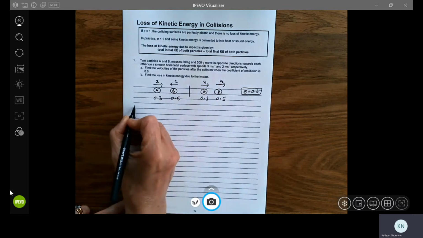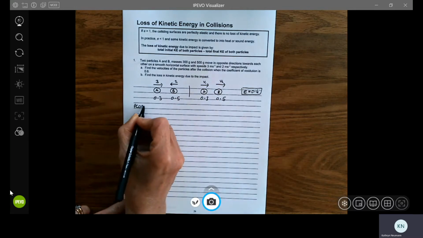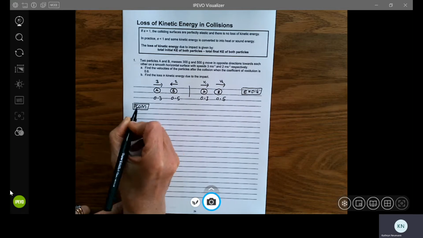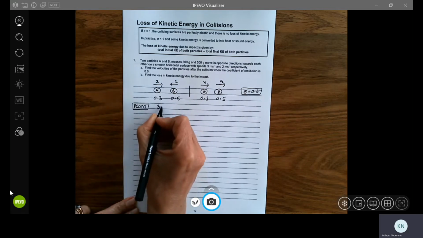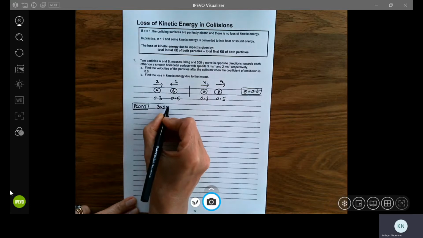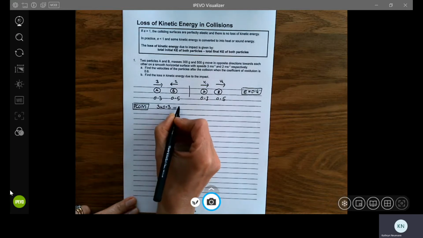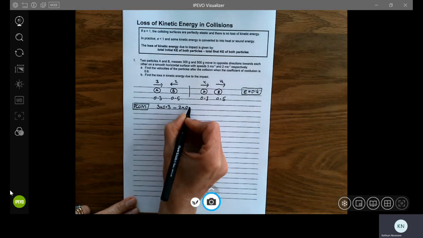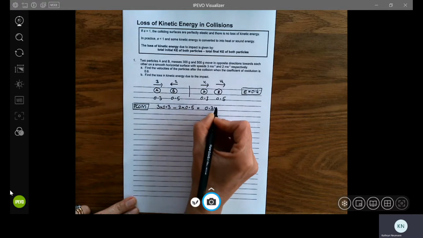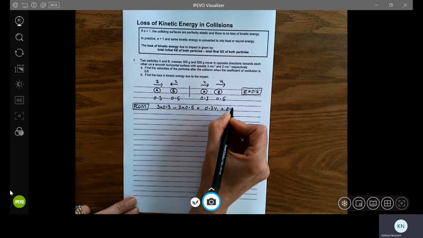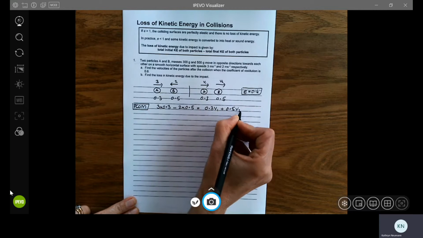So we start off using the principle of conservation of momentum. Make it clear that that's what you're doing. Writing it underneath, we've got 3 multiplied by 0.3 minus 2 multiplied by 0.5 is equal to 0.3 V1 plus 0.5 V2.